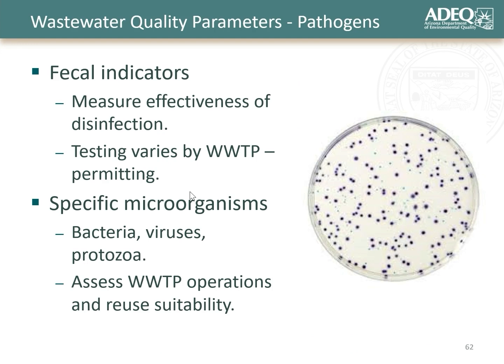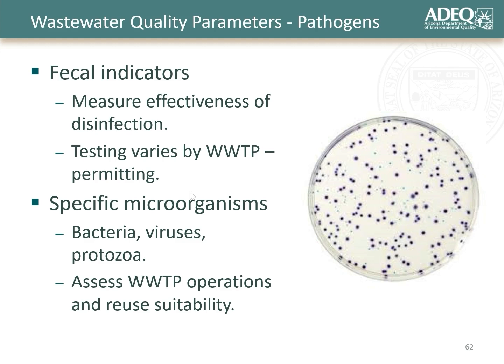The next water quality parameter we're going to talk about is pathogens. Pathogens are obviously specific bacteria that can cause harm to human health. That can include bacteria, viruses, protozoa. There are many, many different things. But for measuring it, we typically use what we call fecal indicators. These are indicator organisms that are determined to be good proxies for other pathogens.